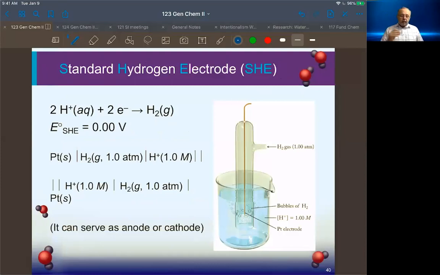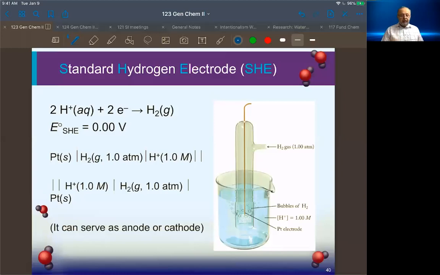So all the other reduction potentials that we are measuring are going to be based on how they relate to the hydrogen electrode. So it's kind of like a zero button, like a tare button on the balance. Or in temperature, we decided that 273.16 Kelvin, which is the freezing point of water, in centigrade is zero.